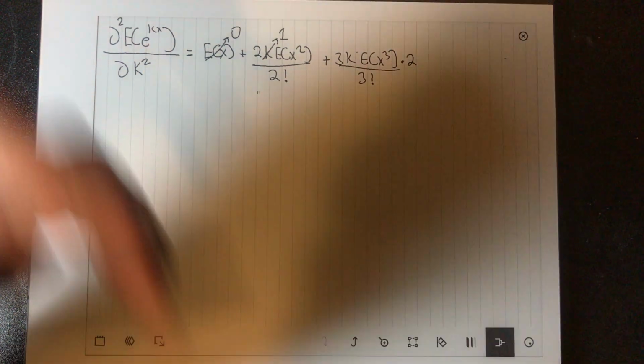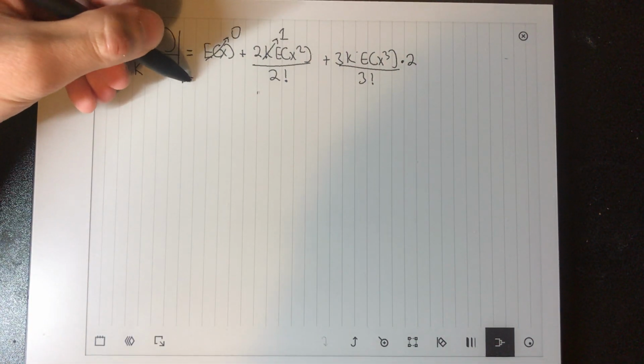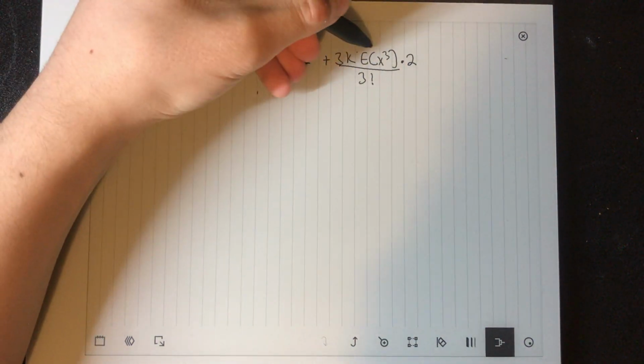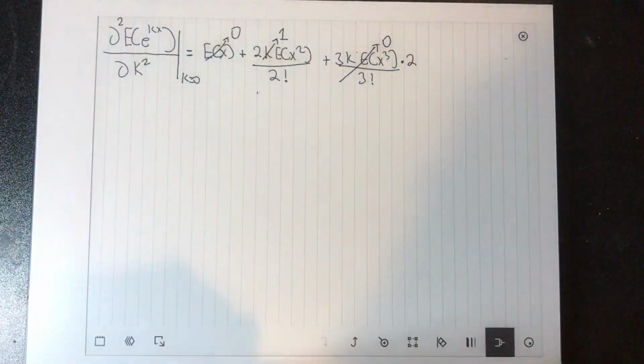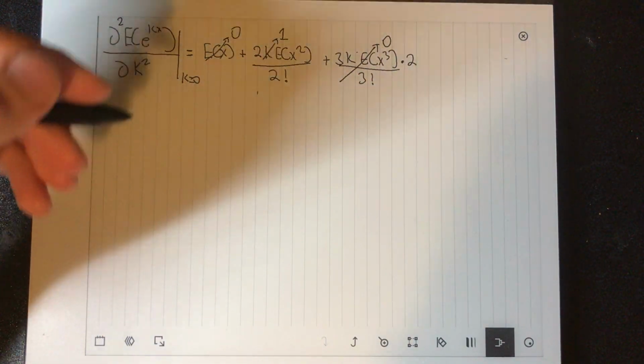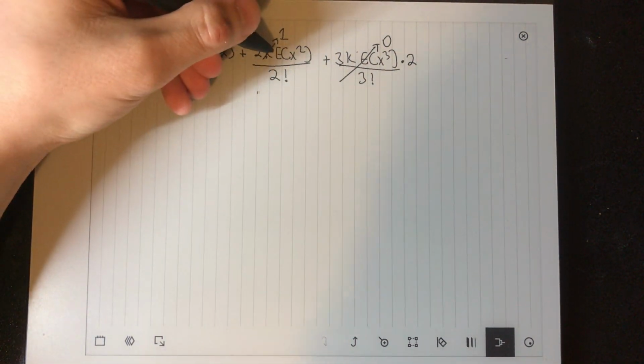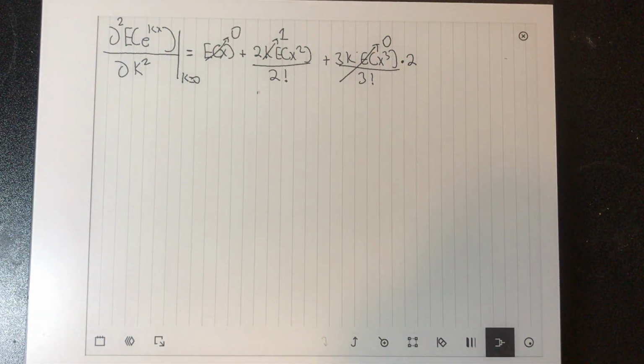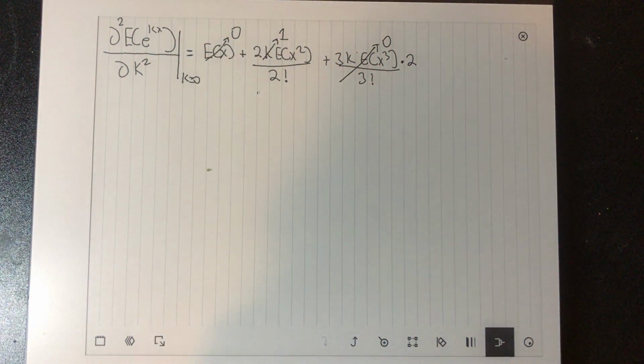And setting k equal to 0 again, we would find that this will go to 0 since there's a k over here. And what we'd be left with is 2 multiplied by the expectation of x squared over 2 factorial. And 2 factorial is simply equal to 2.